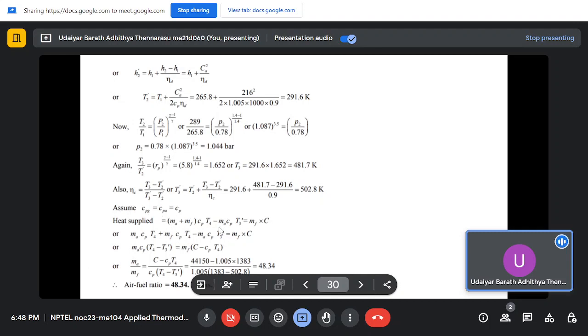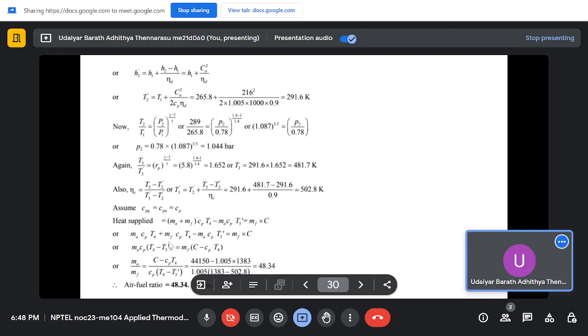Then in the combustion chamber, you are supplying some energy, which is equal to the calorific value into the mass of fuel. This will create a change in enthalpy of the fluid, which can be expressed as Ma plus Mf into Cp into T4, the enthalpy after combustion. Before combustion, the energy of air is Ma Cp T3 dash.